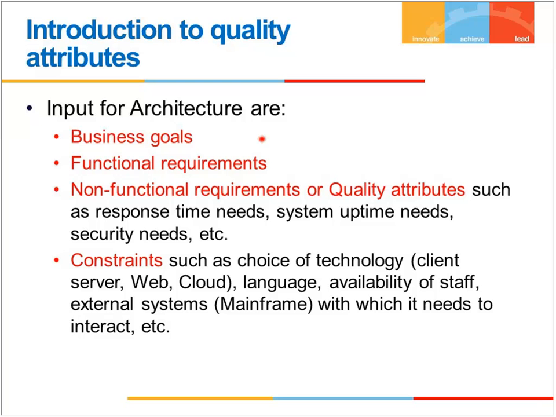Similarly, the availability of staff, certain existing technology choices that the company has already made. Let's say the company has decided that they will use .NET technology. So you cannot go for something else which is outside of .NET, which is not compatible with .NET. So these are some of the constraints that may come into play when you are trying to do the architecture, right?